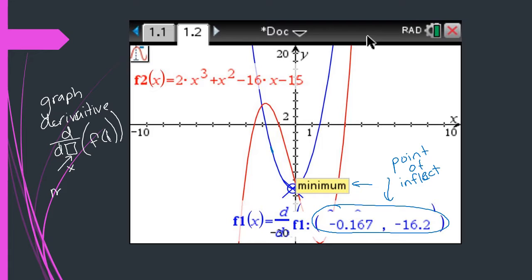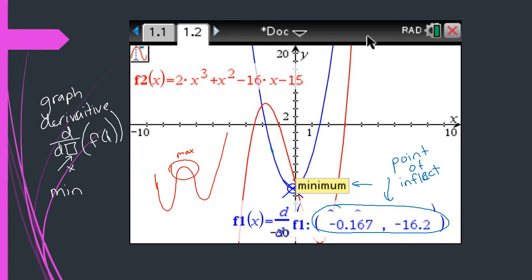Then find the minimum. In other cases, you may need to find the minimum or the maximum, in case the graph was in another direction. If I had something like this as my graph, I would need to find the derivative right here, and this would actually be a maximum.